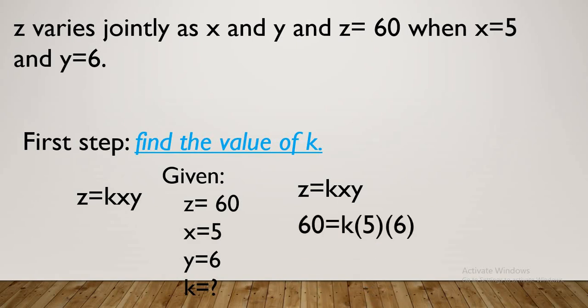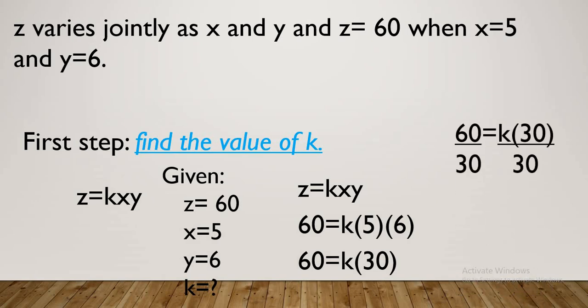Z is 60, X is 5, and Y is 6. So we will multiply 5 and 6, and our equation will become 60 is equal to K times 30. Next is the division property of equality. We divide both sides by 30 to cancel this part, then our equation will become K is equal to 60 over 30, and we simplify it. Then your K is 2.